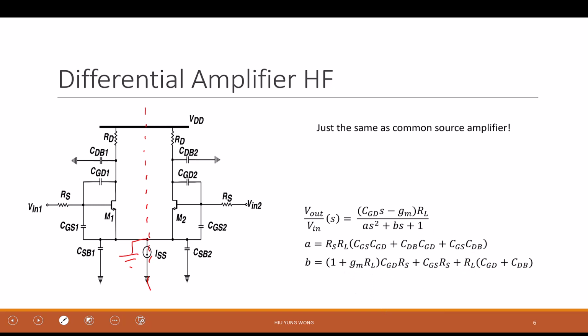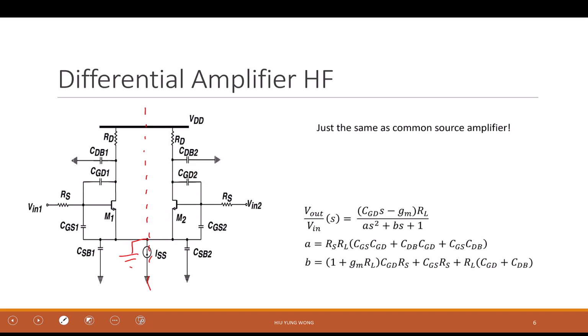This is the full set of equations. Remember, instead of finding the poles, this includes the zeros. What I'm trying to say is it is just the same as common source. So if your circuit is limited by something, this differential amplifier will be limited by that one. For example, you are limited by the pole, which is due to the Miller cap of CGD. This will have the same problem.